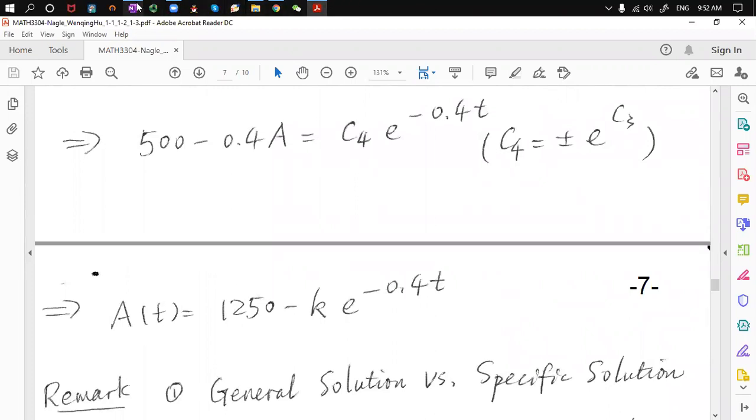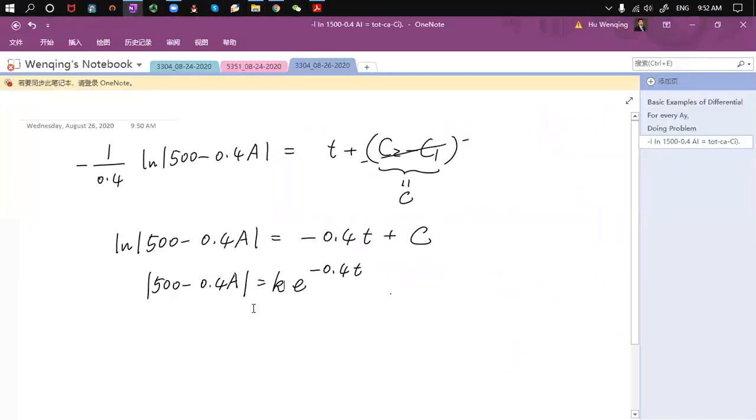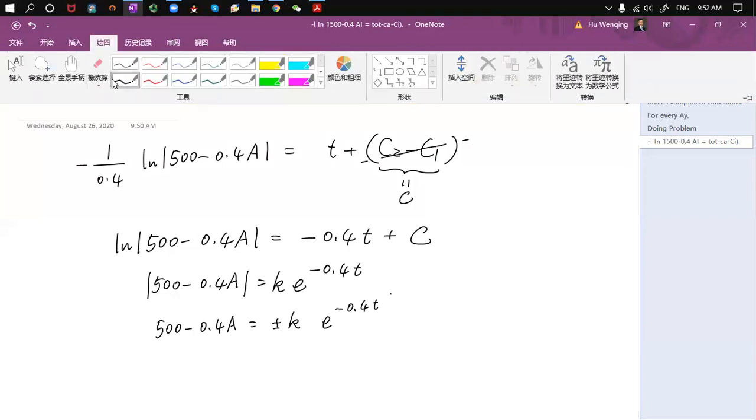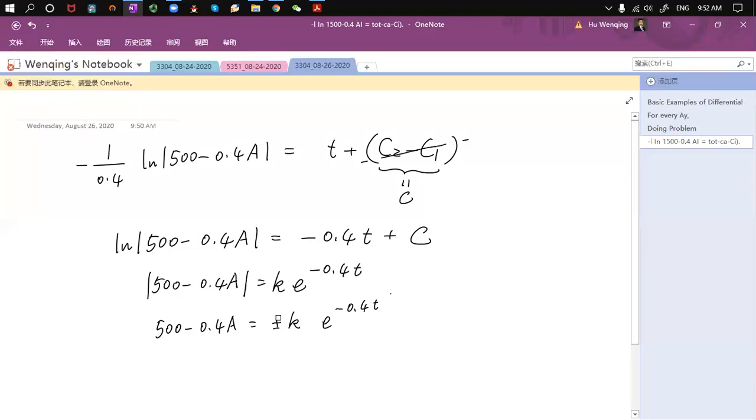Now you can see that further, 500 minus 0.4 of A is plus or minus k times e to the power of minus 0.4 of t. Do I need a plus and minus? Well, if plus k is a constant, then minus k is another constant. Because these are both constants, you can ignore the plus minus and just say I have a k, which is some constant.